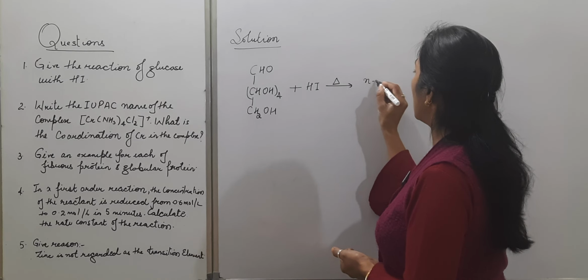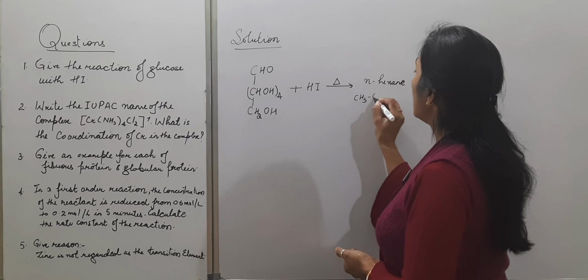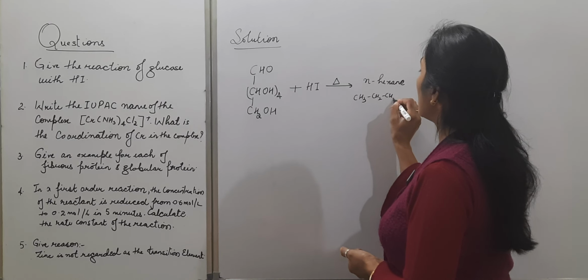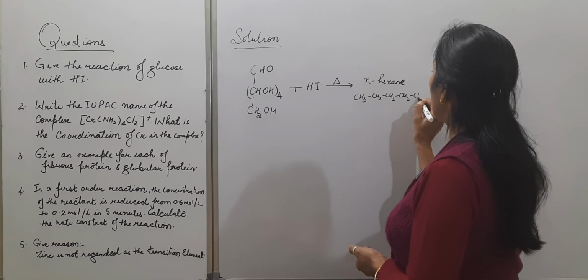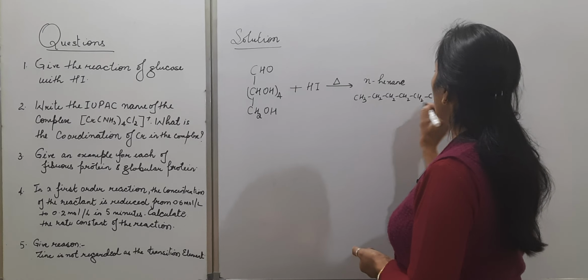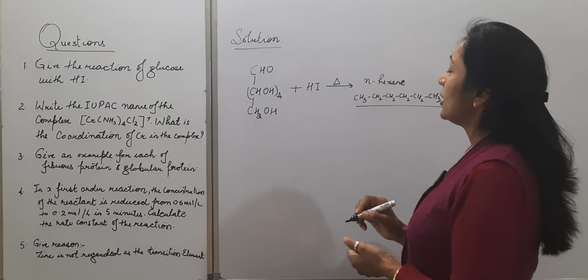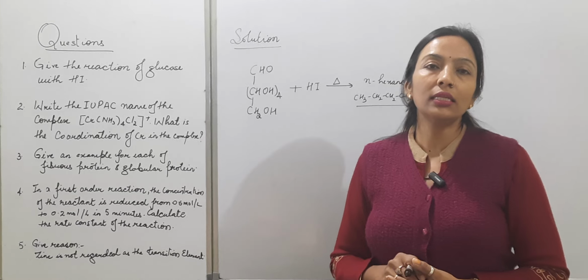So we can draw it like that, CH3, CH2, CH2, and so on, and this indicates that all carbon atoms are present in a straight chain.